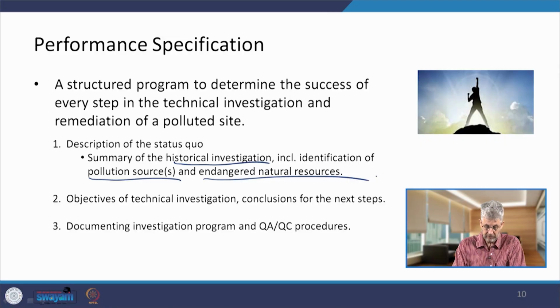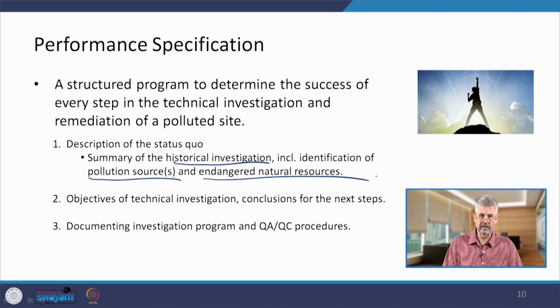Now, that means we have to have clear objectives of our technical investigations, plural, and we need to have clear milestones that take us from one step to the next. And with any project, we need to have a full documentation of the investigation program and the quality assurance and quality control, or short QA/QC procedures.